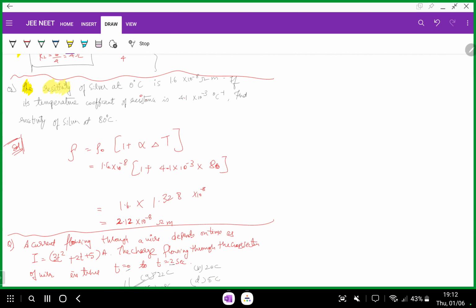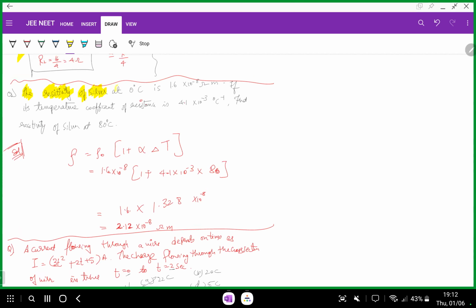The resistivity of silver at 0 degrees Celsius is 1.6 into 10 to the power minus 8 ohm meter.